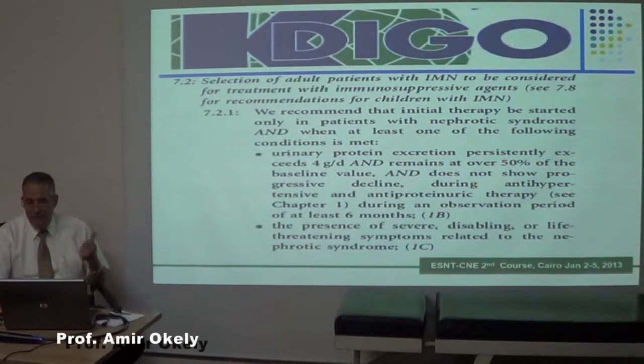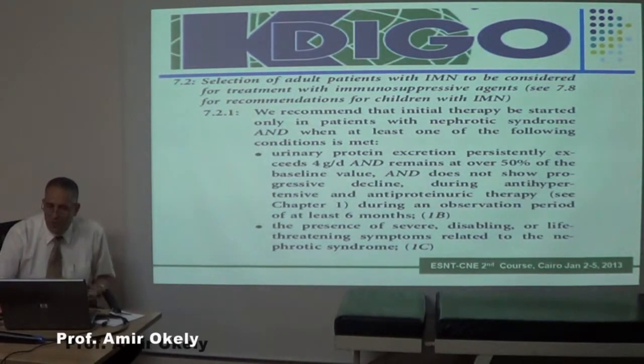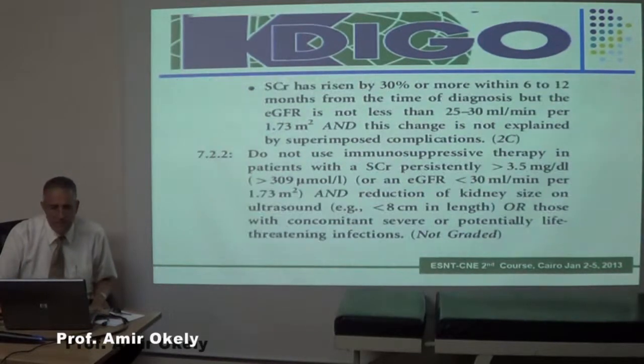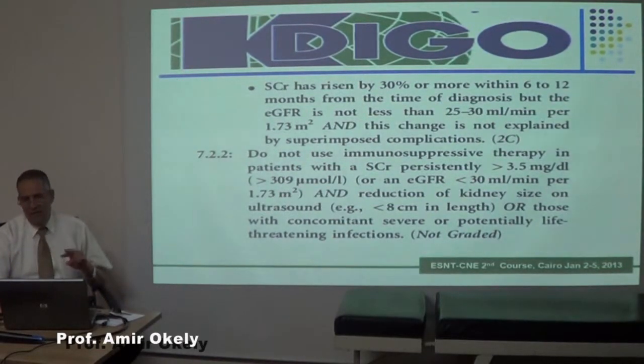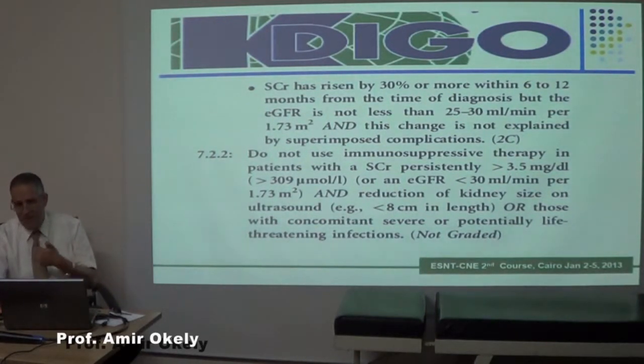There is also the presence of severe disabling or life-threatening symptoms related to nephrotic syndrome, which is an indication for immunosuppressive therapy. Or there is a rise in serum creatinine by 30% or more within 6 to 12 months from the time of diagnosis.